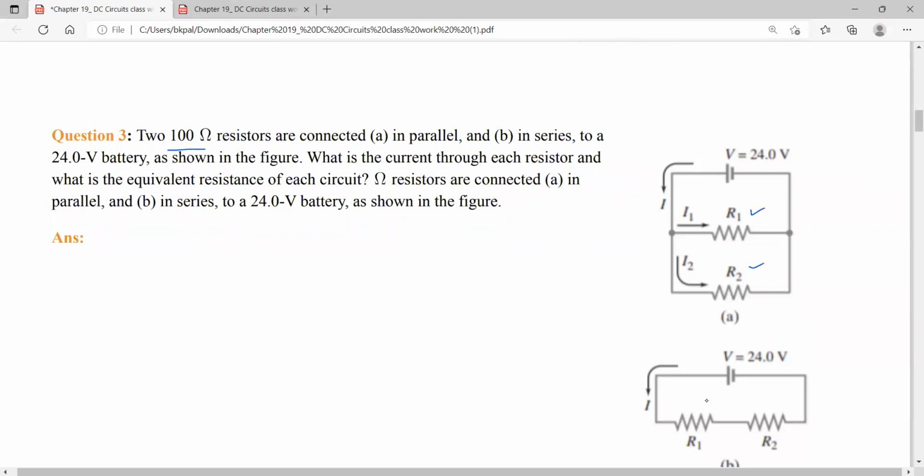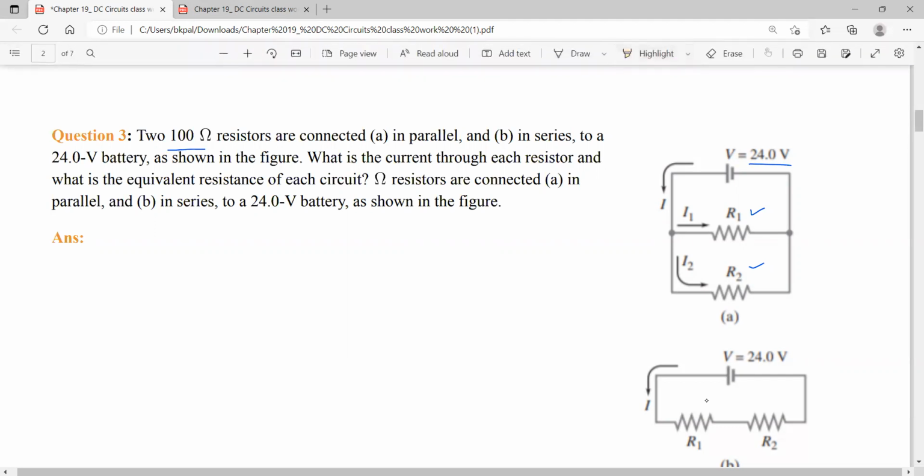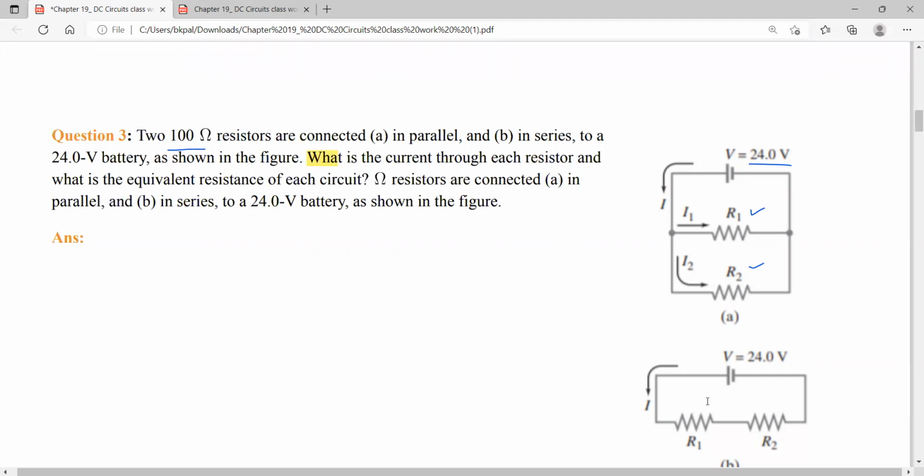And now the battery is 24 volts. Here we have to determine what is the current through each resistor. We have to calculate the current in each resistor and the equivalent resistance, both for the series and parallel circuit.